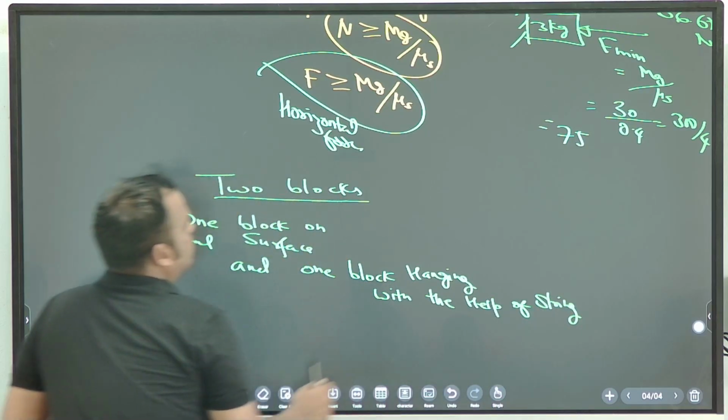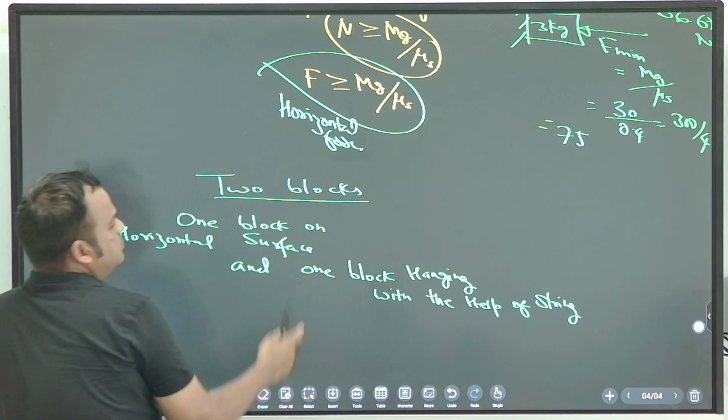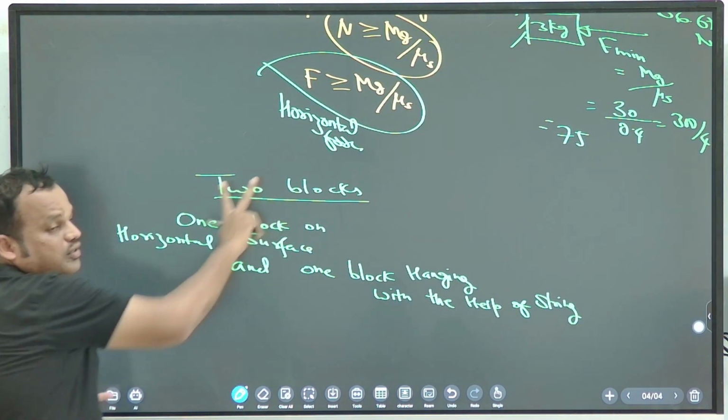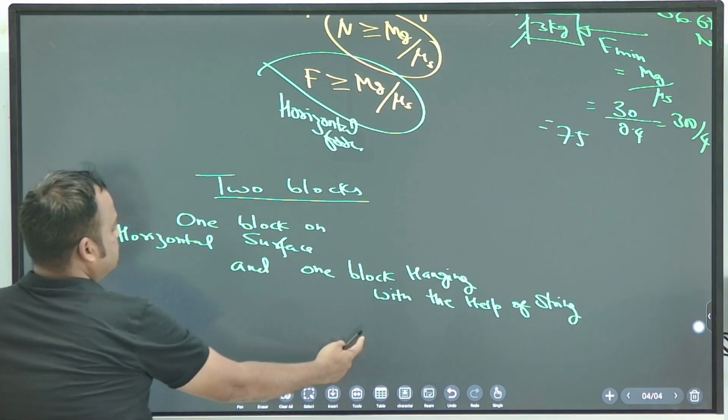Okay, so draw the diagram. Till now only one block was there, correct? Now two blocks.